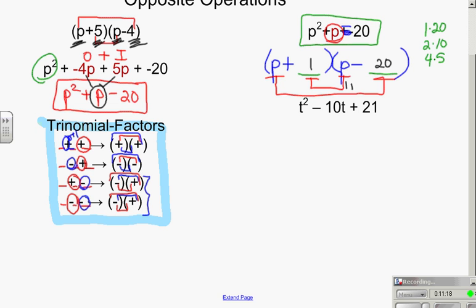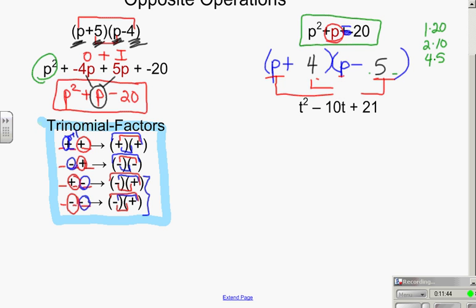So we would go through trial and error. We would put 1 and 20 in here. 1p minus 20p is minus 19p. That's not going to work, and we would erase. And then we would put 2 and 10, and we would have 2p minus 10p is going to be minus 8p. And that doesn't work, and we would erase.